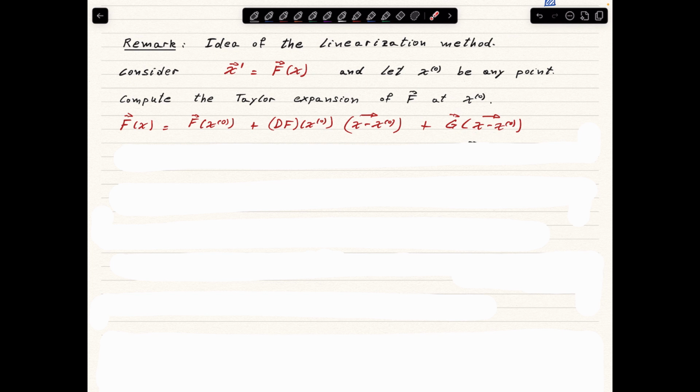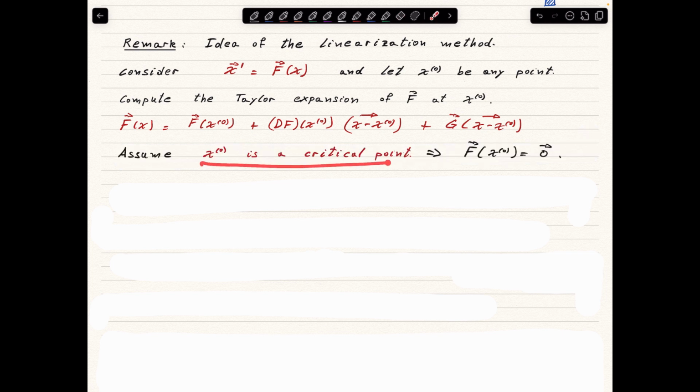Now assume that the point you are centering the expansion is actually a critical point, which means the field evaluated at that point vanishes, as we saw before. So this term is not there.